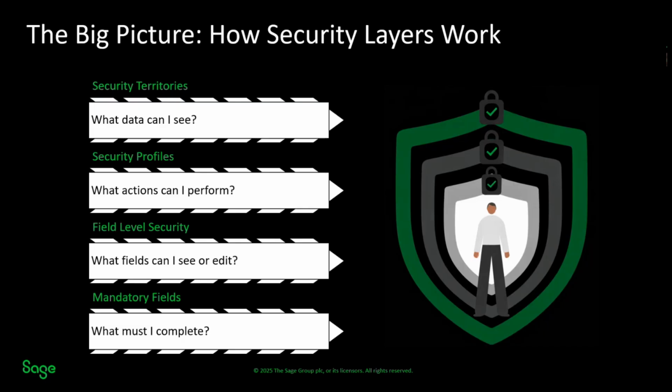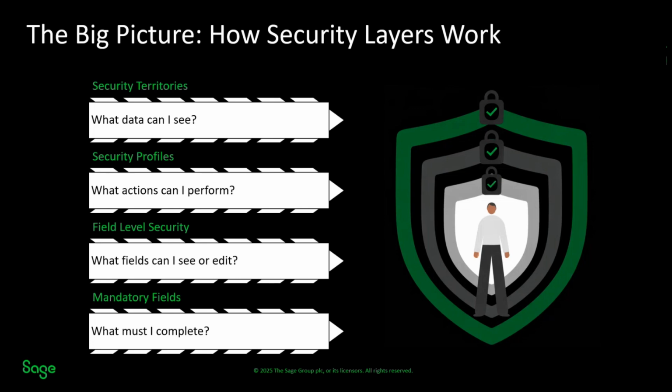Let's step back and consider security in total. There's a big picture that I want us to understand, and that is that over the last few lessons, we've been looking at security territories, security profiles, field level security, or rather today is that.